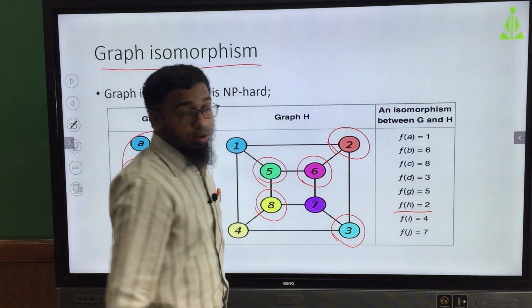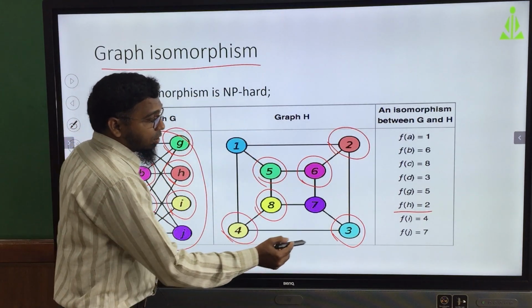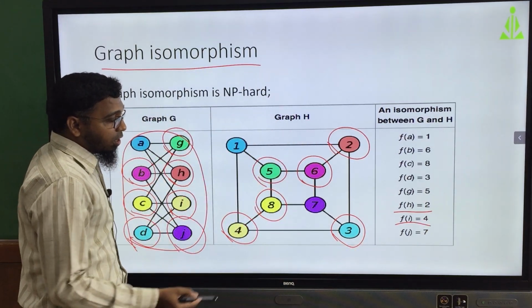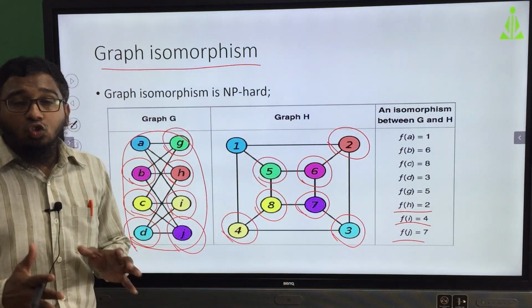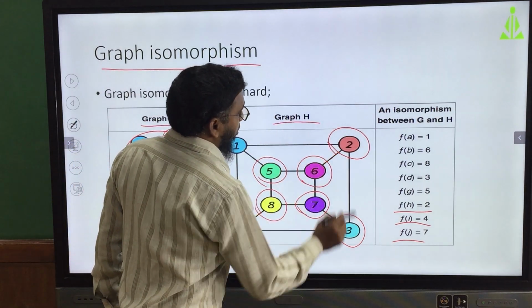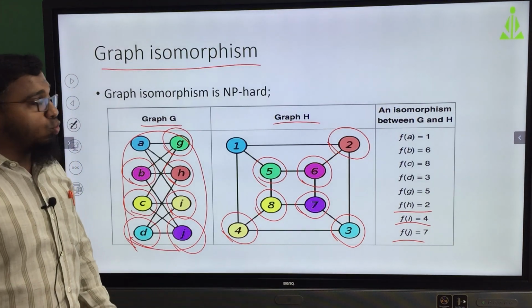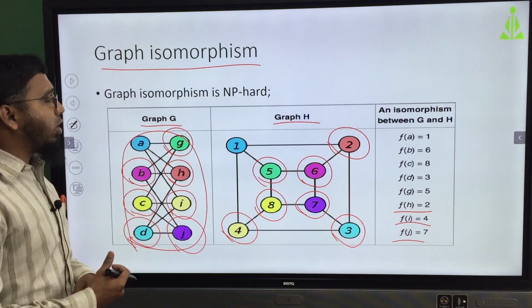In the same way, I is 4 and J is the purple color, 7. So the isomorphism between graph G and H is this. Okay, f(A) is equal to 1, we are checking and we are getting the isomorphic result there.